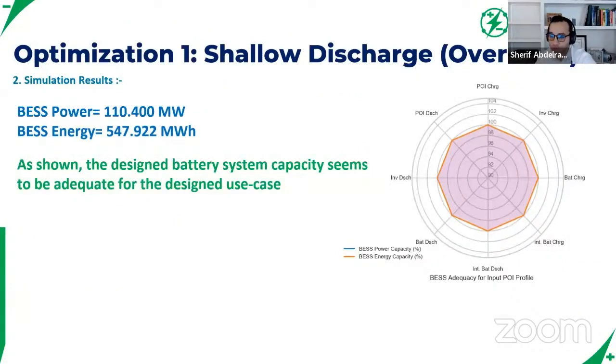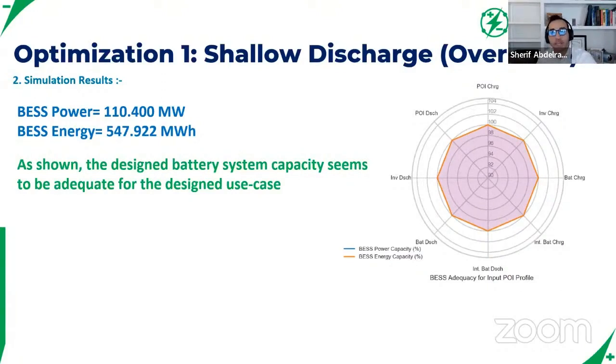If you are the utility and you're designing this system to defer a substation upgrade or to provide backup power to a town that has poor reliability, then you can pull these profiles yourself. You can get the load of the feeder you're targeting for asset upgrade deferral.